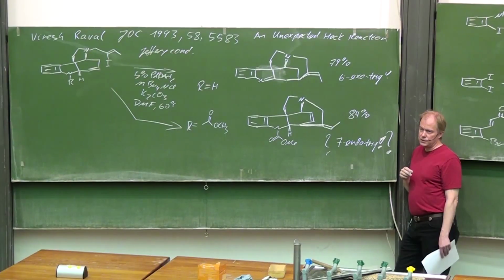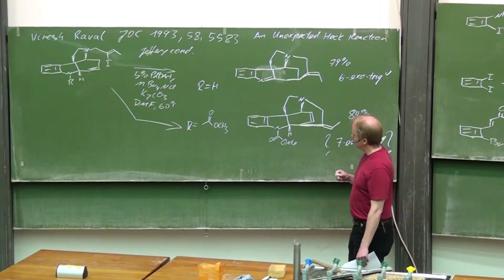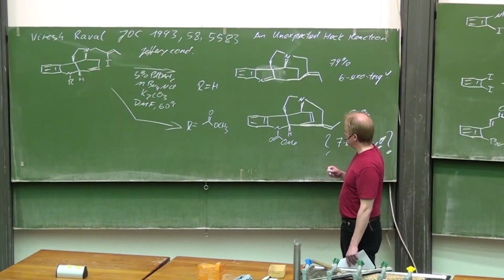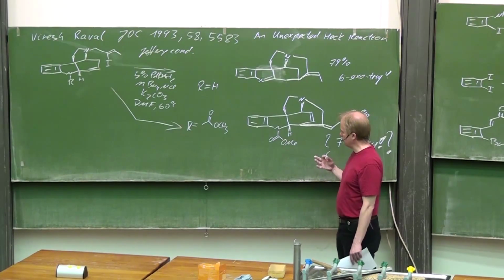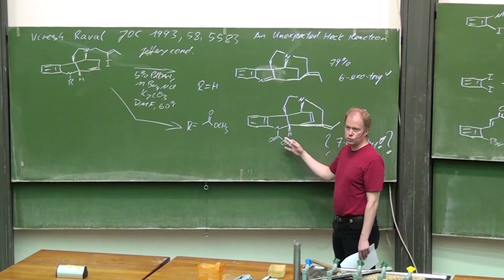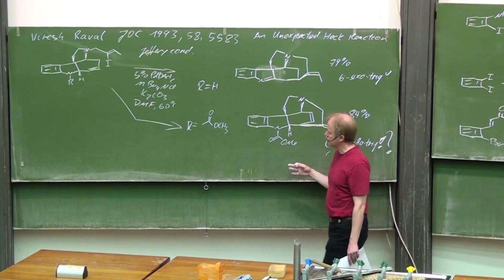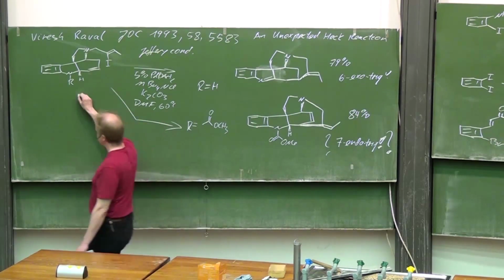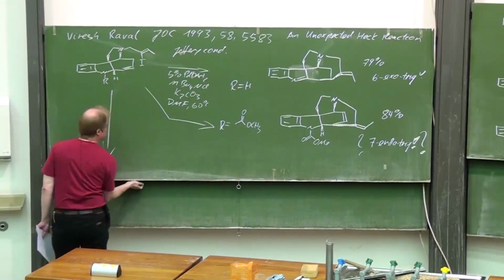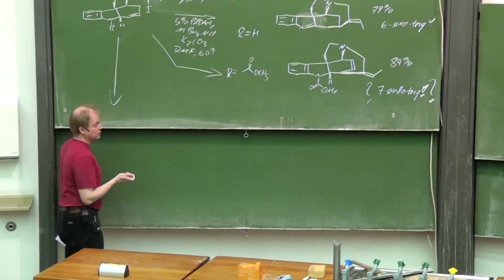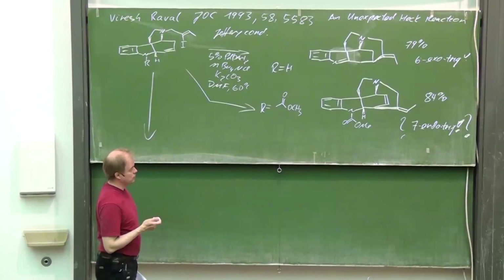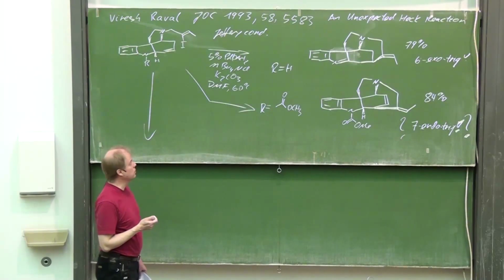So we analyzed it and figured out a modified mechanism which takes into account that the carbamate group must have an influence, of course. Okay. So a 7-endo-trig process would be highly unusual.